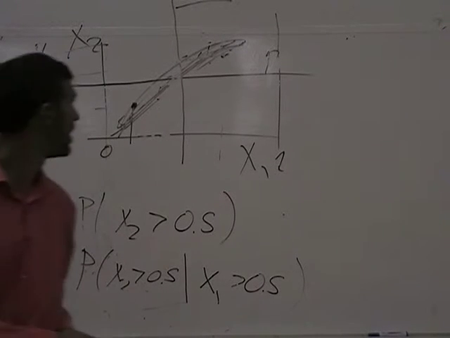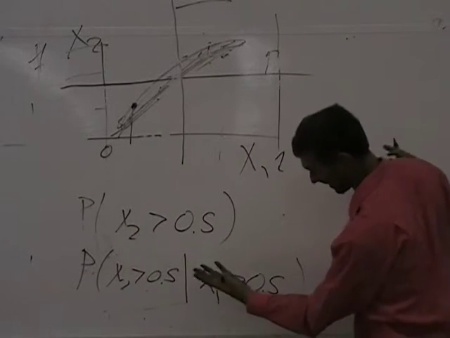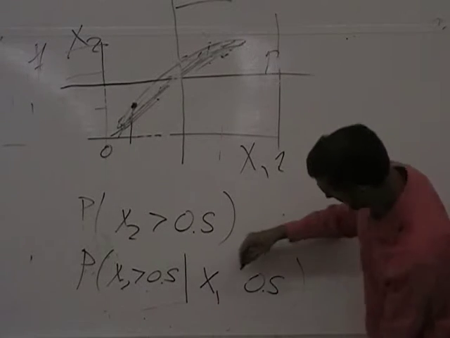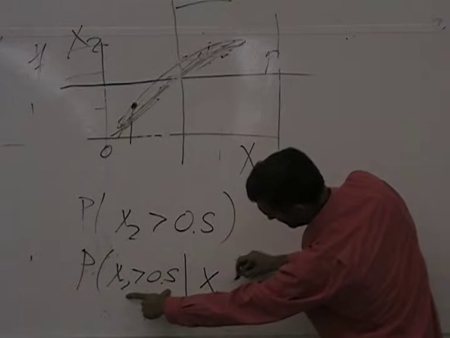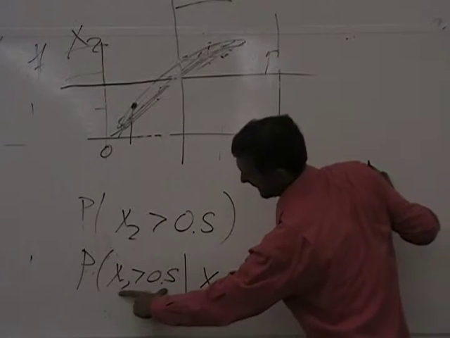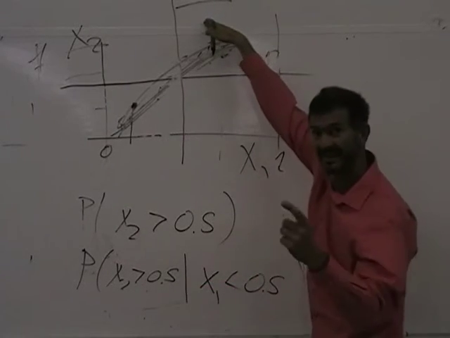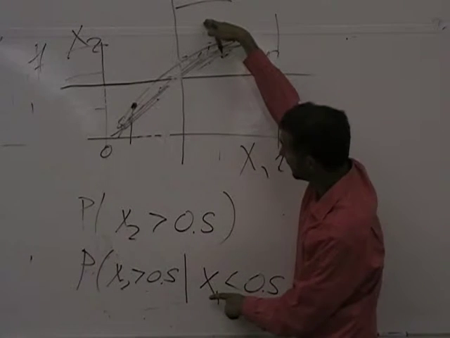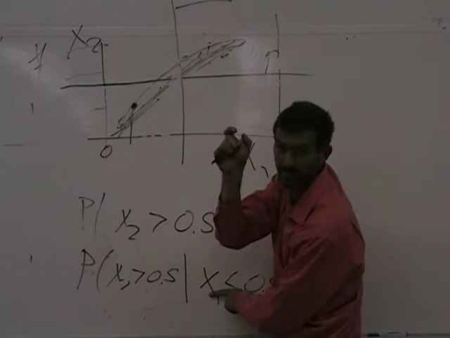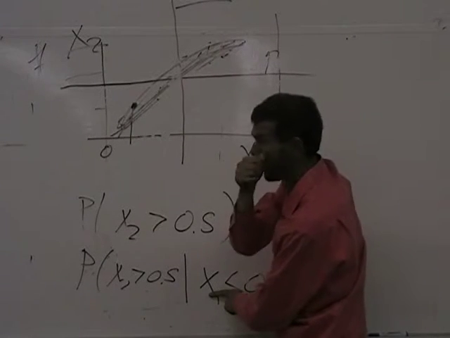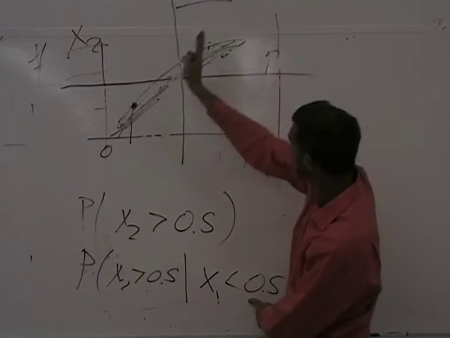And we could flip it: what is the probability of x2 being above the line, given that x1, remember those are pairs, we sampled pairs of things, is less than, well, down here.